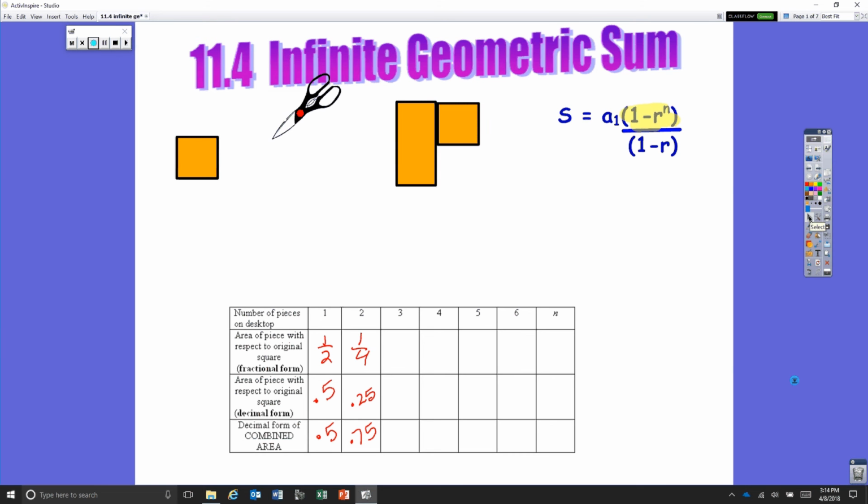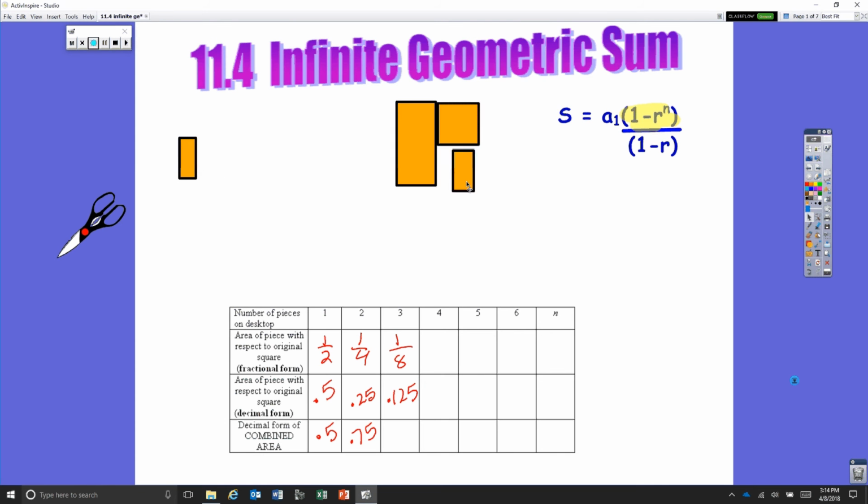And I'm going to repeat the process again. Half of a fourth is an eighth, which is 0.125, and I'm going to place that on my desktop. And then I'm going to do it again, which is 1/16, which is 0.0625.